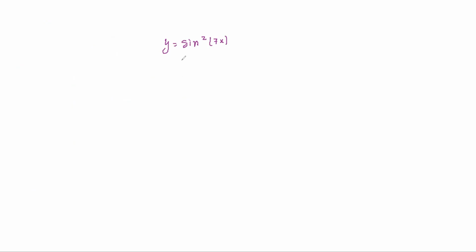What you're going to want to do is say that what this actually is sine of 7x, squared, and then you're going to say f is equal to sine 7x, f prime is equal to, actually we're going to call this g prime is going to be equal to 7 cos 7x, excuse me.